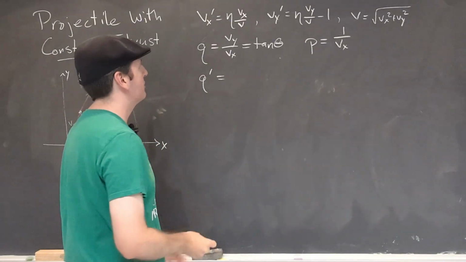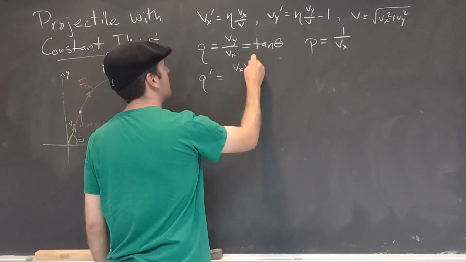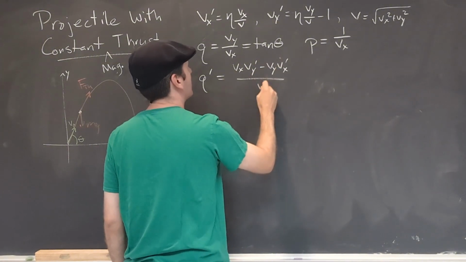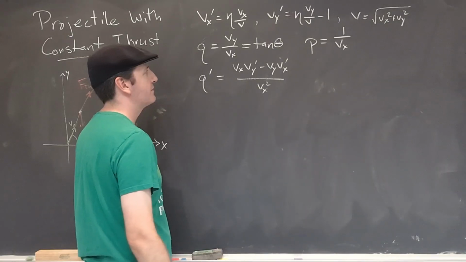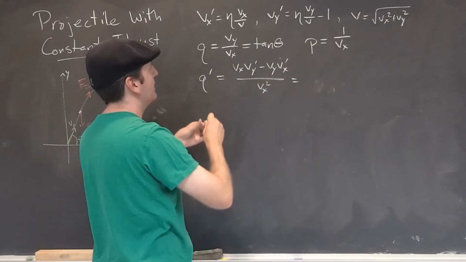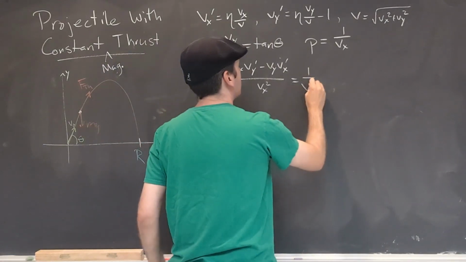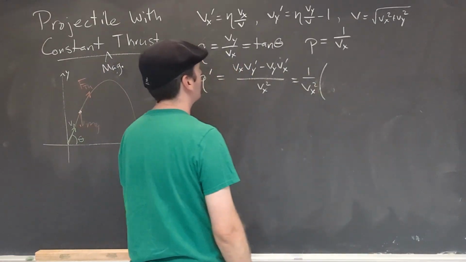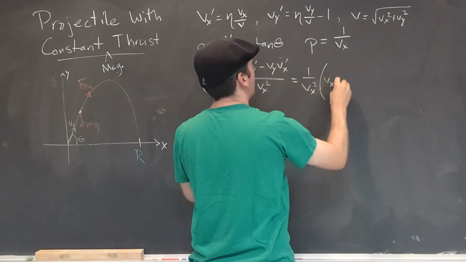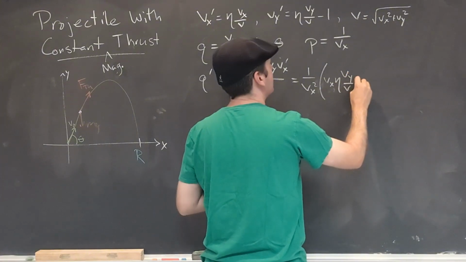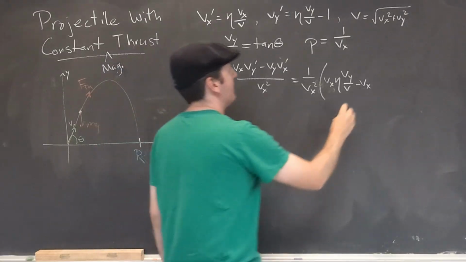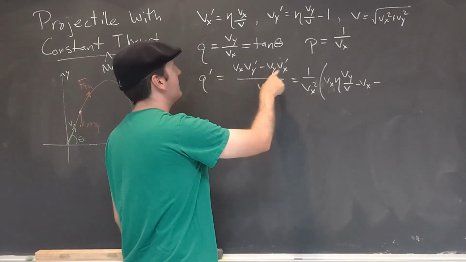Now it's a quotient rule, so it's going to be Vx Vy prime minus Vy Vx prime all over Vx squared. But now I have expressions for Vx prime and Vy prime that I can plug in. So I'll write this as 1 over Vx squared, I'll pull that to the front. Vx times Vy prime. Well, that's going to be Vx eta Vy over V minus Vx, just distributing that, minus Vy times this.